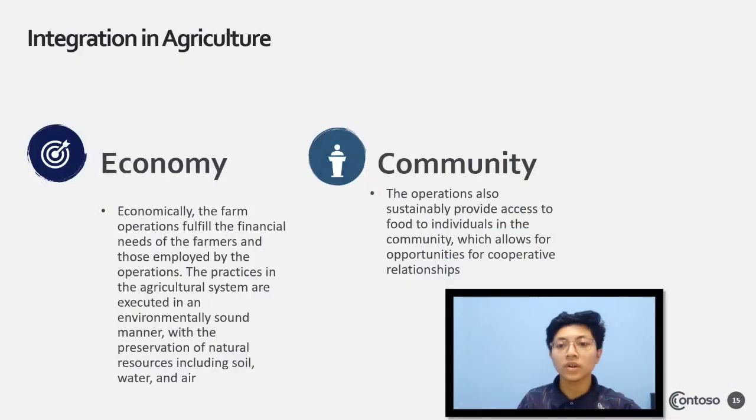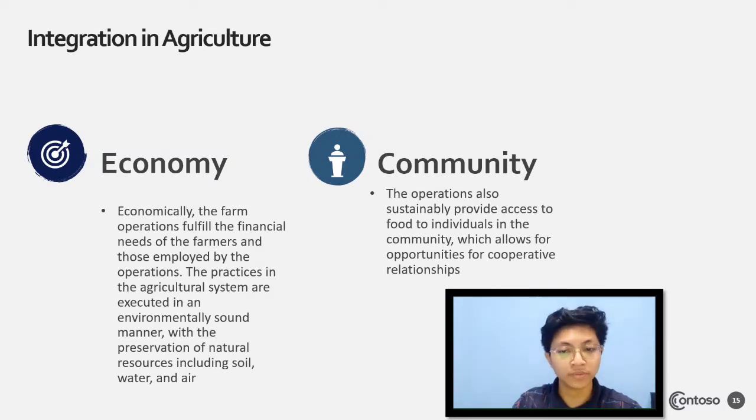Integration in agriculture for the economy means that the farm operation economically fulfills the financial needs of the farmer and those employed by the operation.